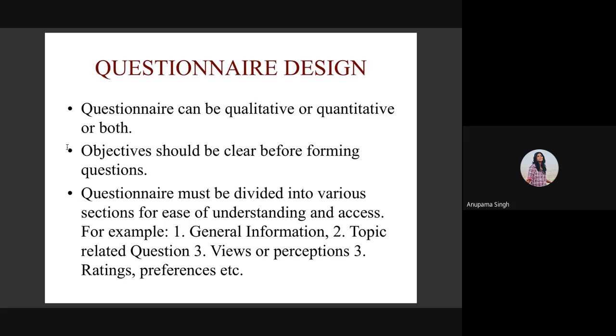Section A. Then we have topic related questions. If we want to study mental health or disease prevalence, then the questions related to that will be in that particular section. For example, if you want to study the status of women, in that matter, you will put the questions related to empowerment or status of a woman in a household.